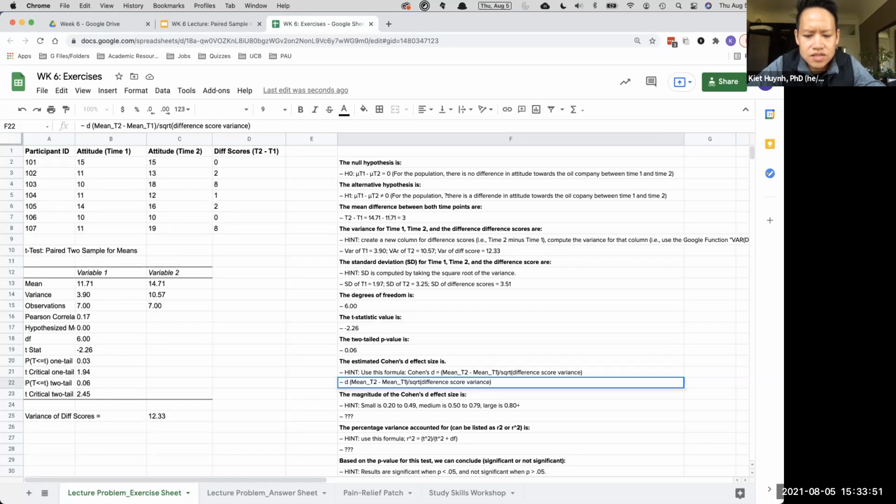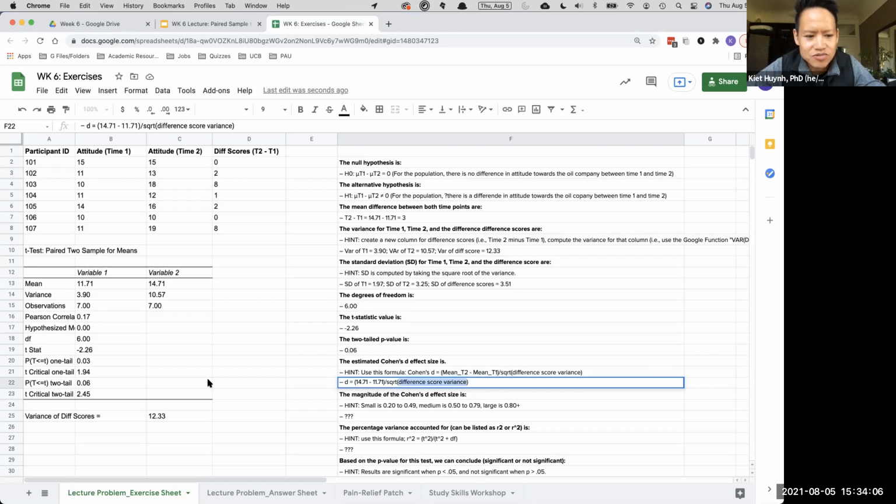D equals, the mean at time 2 is 14.71, the mean at time 1 is 11.71.